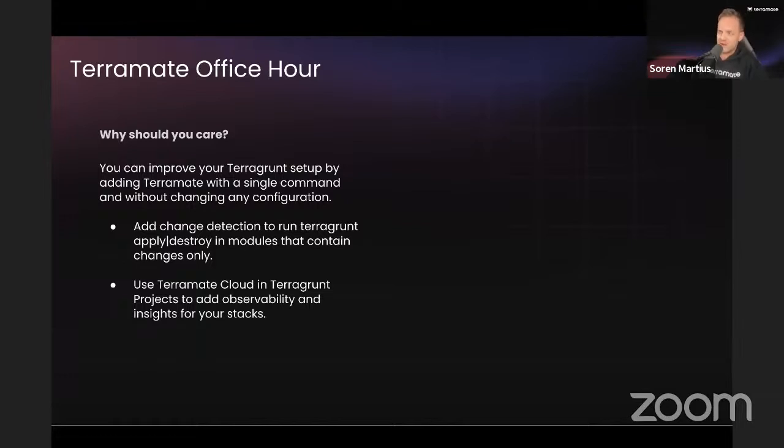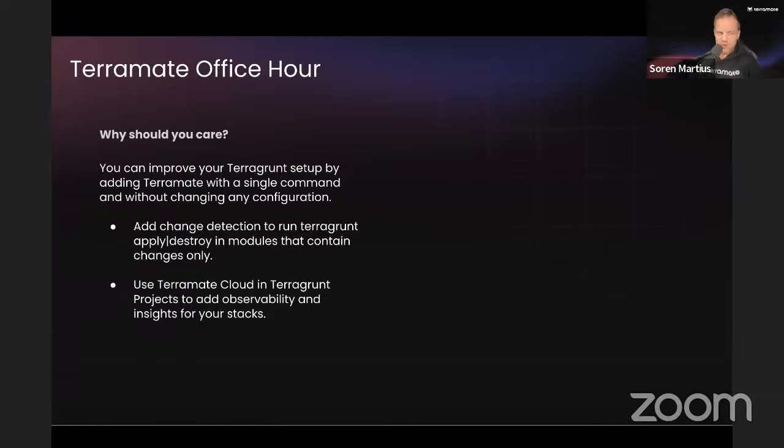But Terragrunt comes with one major disadvantage. Typically in Terragrunt projects, you can either execute all modules with run-all apply, or use terragrunt apply, plan or destroy to execute in a single module.